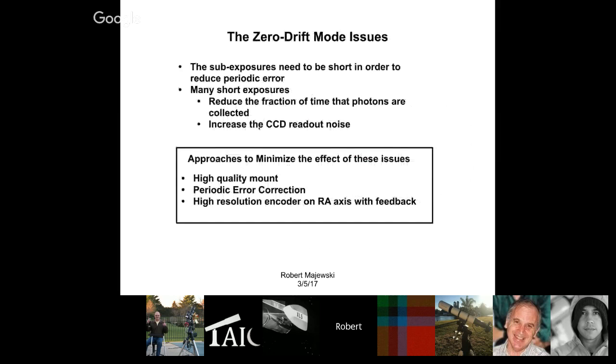Unless your mount is a heck of a lot better than my Losmandy G11, if I just let it run for 15 minutes and then try to tweak it, it is probably so far off, maybe 5 arc seconds or something away. I couldn't get away with not paying attention to where it is that long. If you have a mount that will let you go that long without tweaking, then you could.